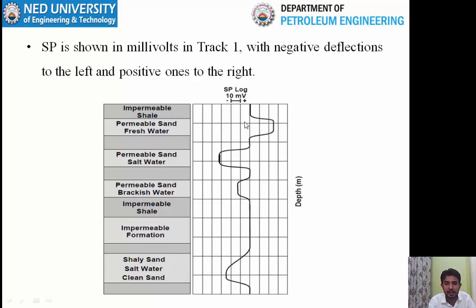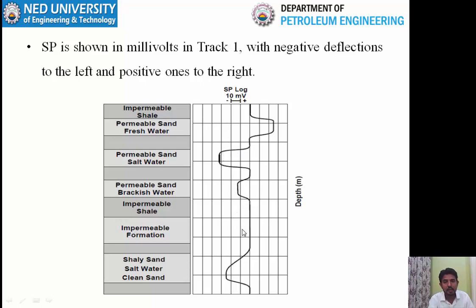And against the permeable formation, you have the deviation from this straight line, and the deviation is either on the right side, as you can see, against this permeable sand containing fresh water, or deviation is on the left side, as you can see, the permeable sand containing the salt water.